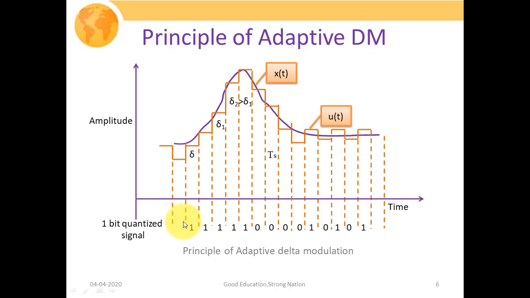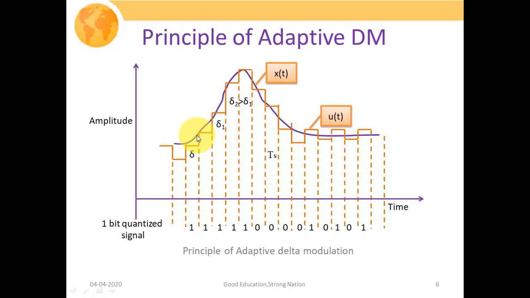Just like our delta modulation, our 1-bit quantized signal would be given like this one. Here also all the mechanism remains the same. Just like in delta modulation, we only need to put these values of 1 bit, that is either 1 or 0. Here 1 represents that the next step of the staircase will be positive and 0 represents a negative step size. So how we generate the bits is we again take the difference between the current signal value and its previous staircase approximation.